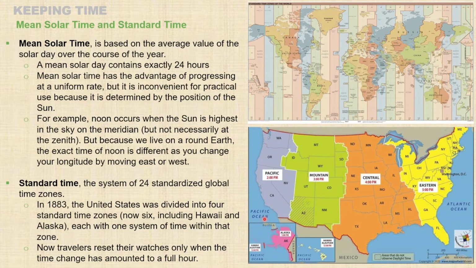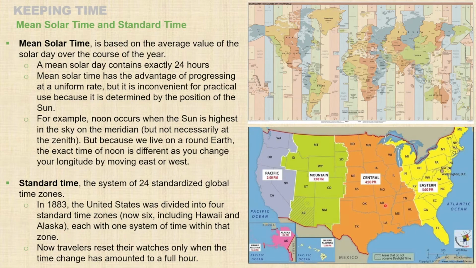So that we all can sync to one time, we follow these standard time zones, so that we can reset our watch only when the time has changed 1 full hour, not every minute or every second.